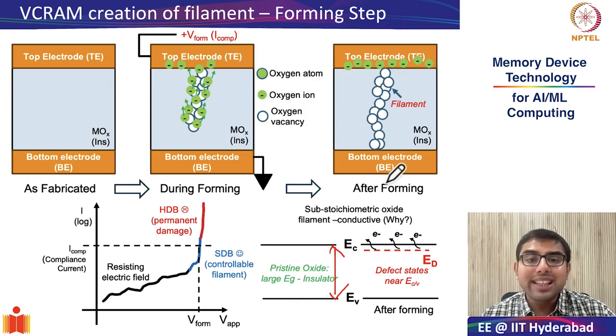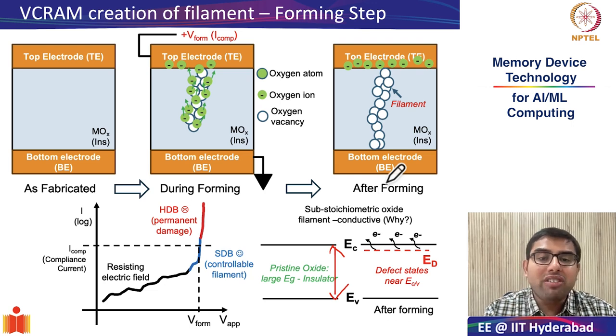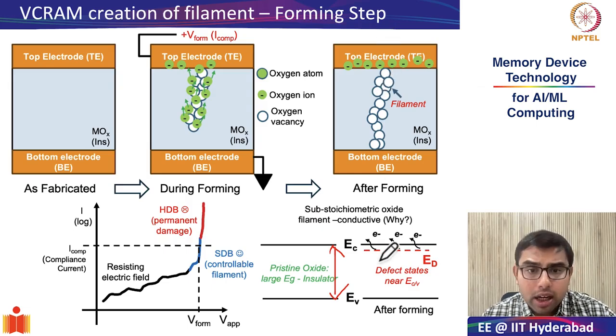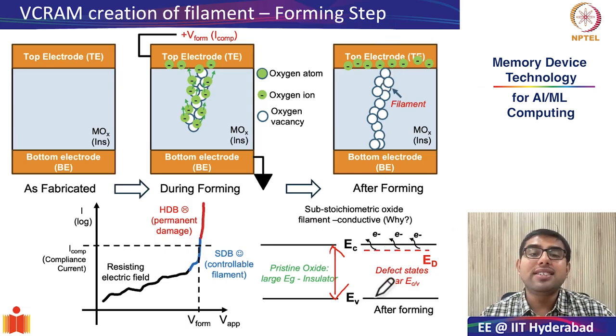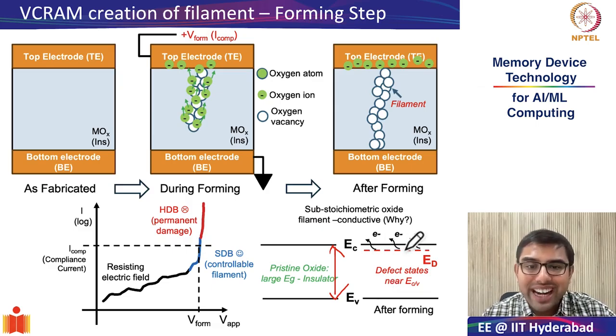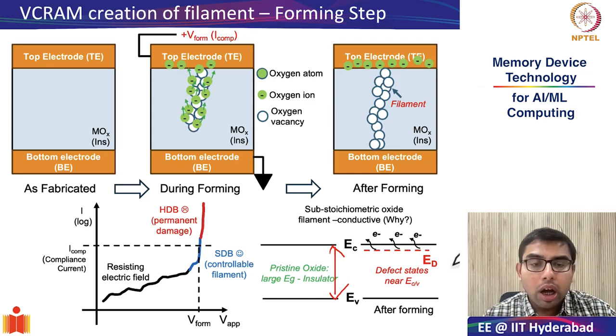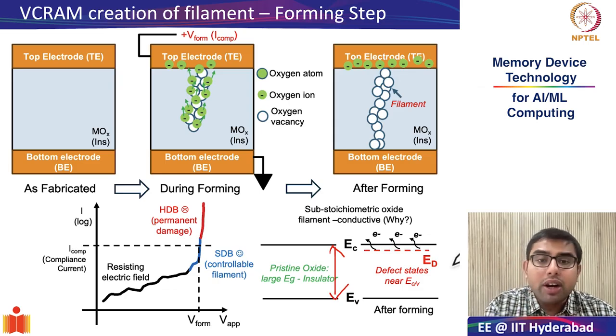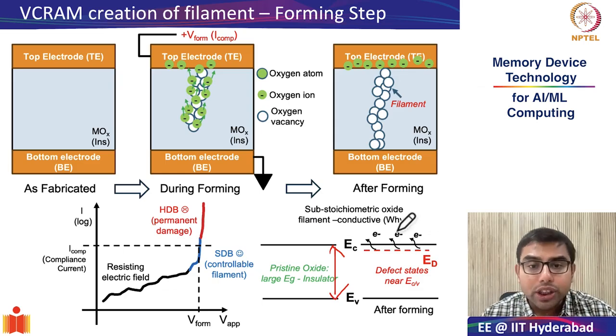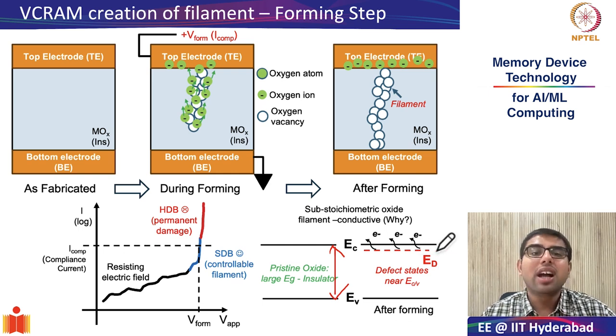However, the moment there is any substoichiometry or defects which are created when these anions are ripped out, you can understand that within the band gap of this defective oxide or substoichiometric oxide, there are defect states which are indicated by these dashed lines. Now, generally in oxides, when there is an oxygen substoichiometry, when oxygen becomes less, it so turns out that these defect states are created near the conduction band.